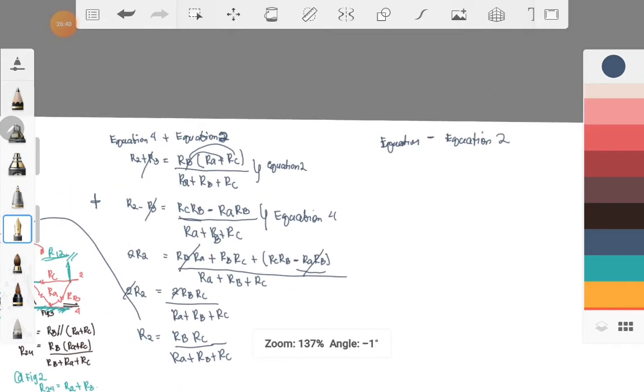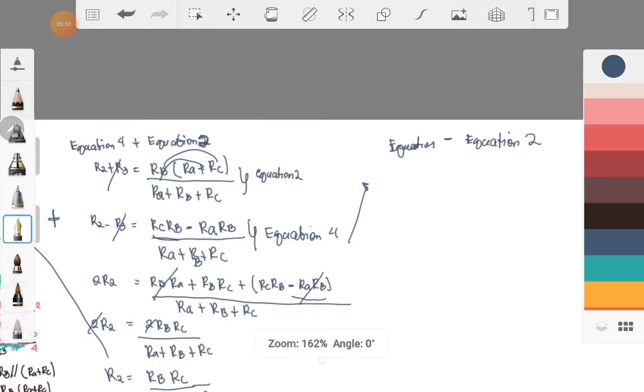Hindi natin siya i-add. So, therefore, pag sinubtract natin siya, pag negative naman, we have positive na siya.